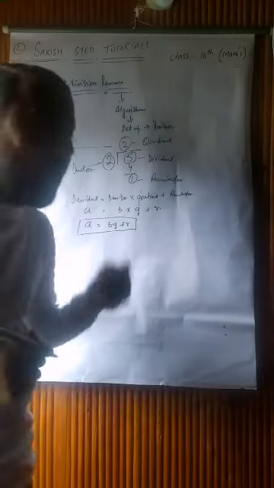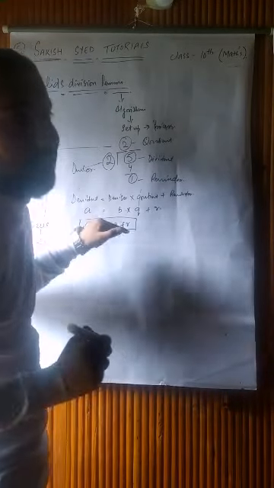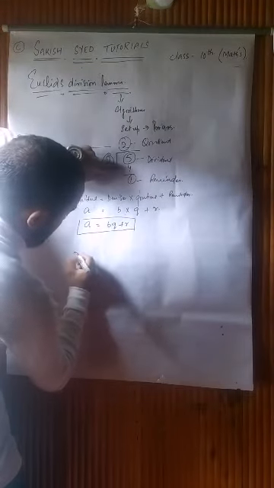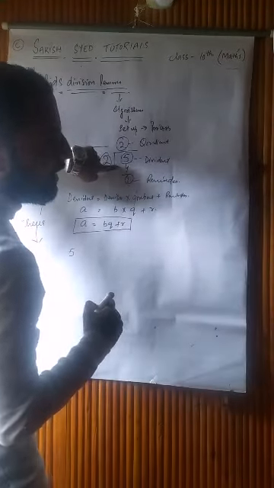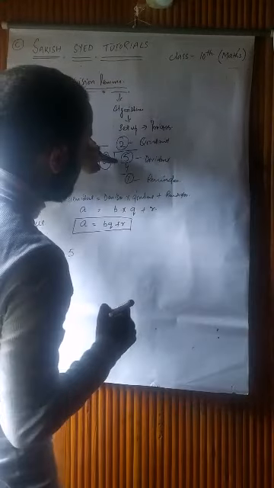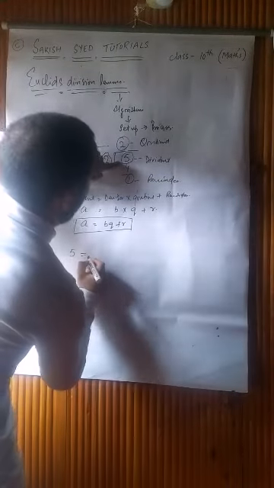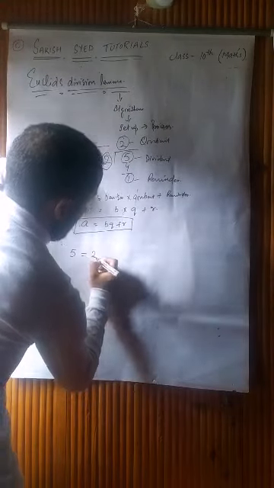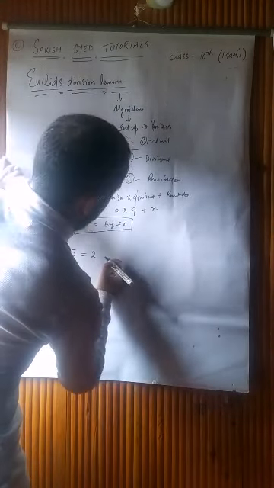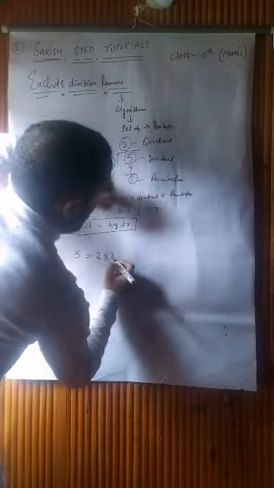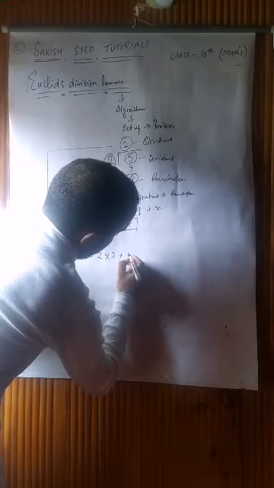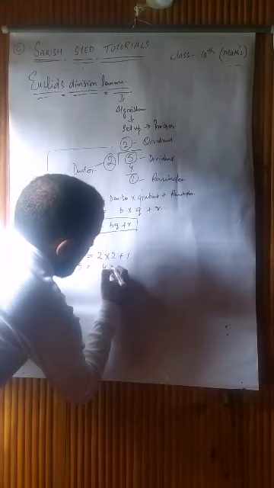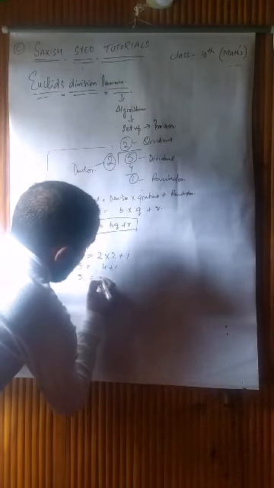We can check it by this very relation. If our division is correct, the dividend 5 should be equal to the divisor 2 into the quotient 2, plus the remainder 1. So 5 is equal to 2 into 2, that is 4, plus 1, that means 5 is equal to 5.